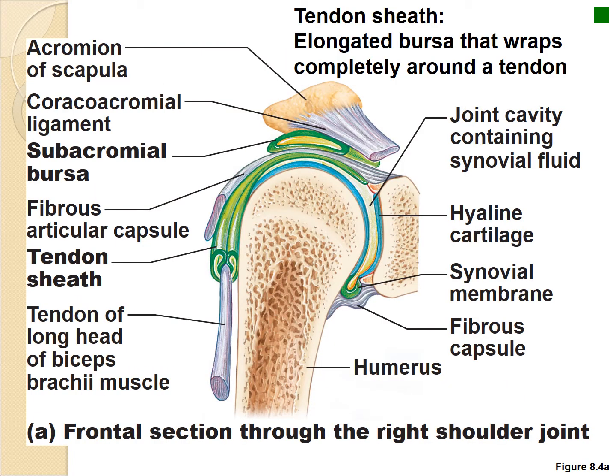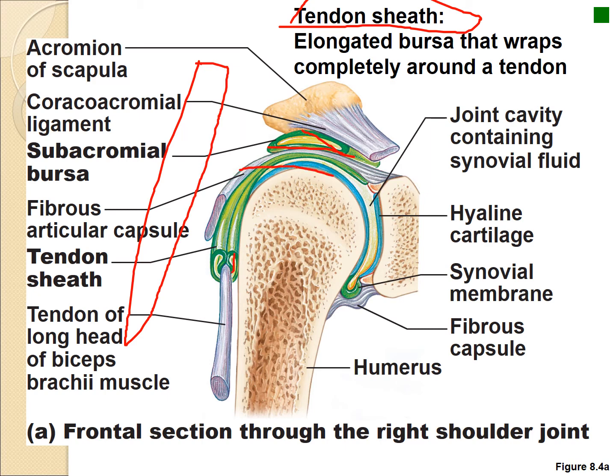Now, there's also something called a tendon sheath. It is a bursa that, instead of being a little bubble, is a long tube that wraps around itself and covers a whole long area. So it could wrap around a tendon, or it could wrap around a ligament, usually a tendon, because tendons are movable.